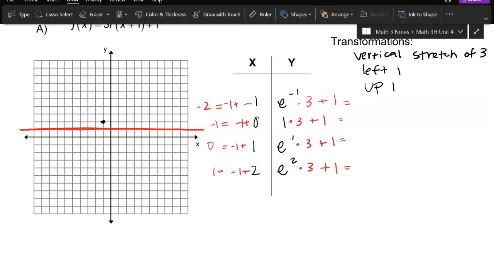All right, so let's begin with putting in our first one. Well, this one we can do on our own, so 1 times 3, so we get 4. So at negative 1, 4.